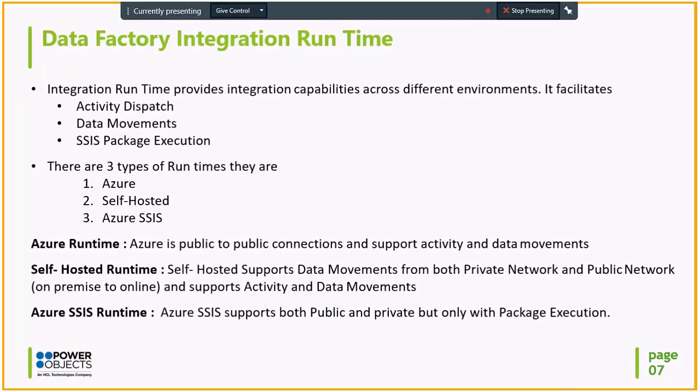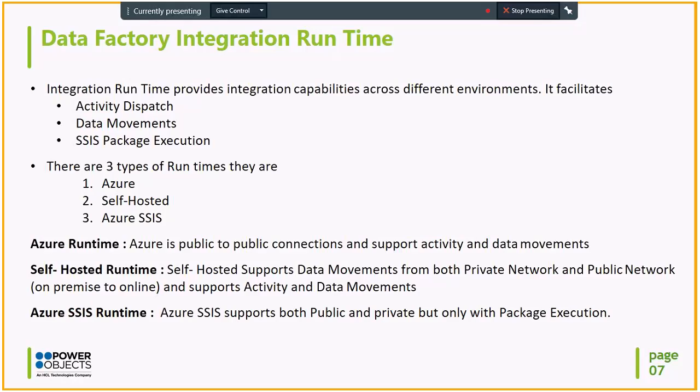Integration runtime. This integration runtime is mainly useful to move the data and handle transformations. Once the data is available in a source, and if we want to move data to a destination, for example, if my source is Azure SQL and I want to move data to another Azure SQL, both the databases are available online.